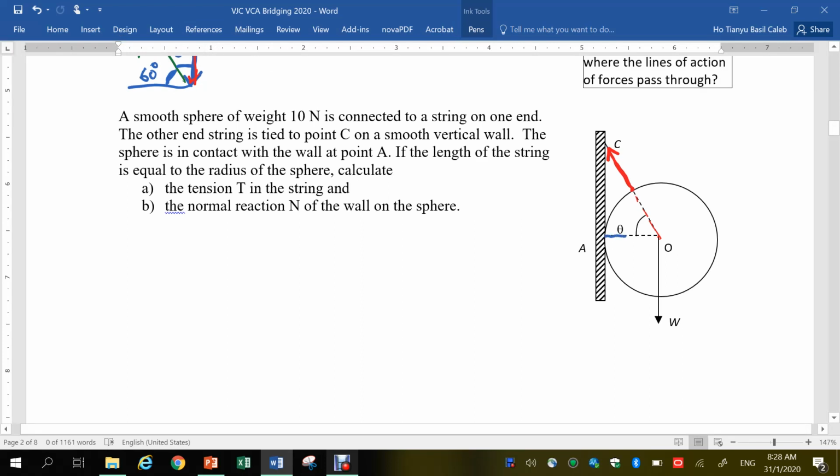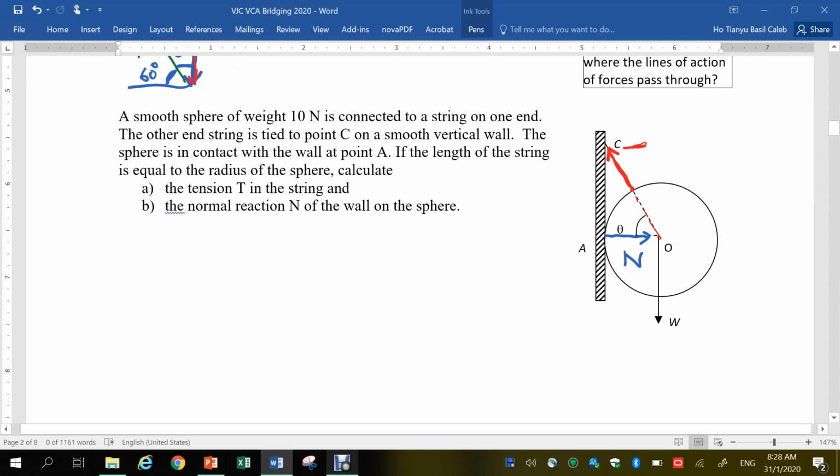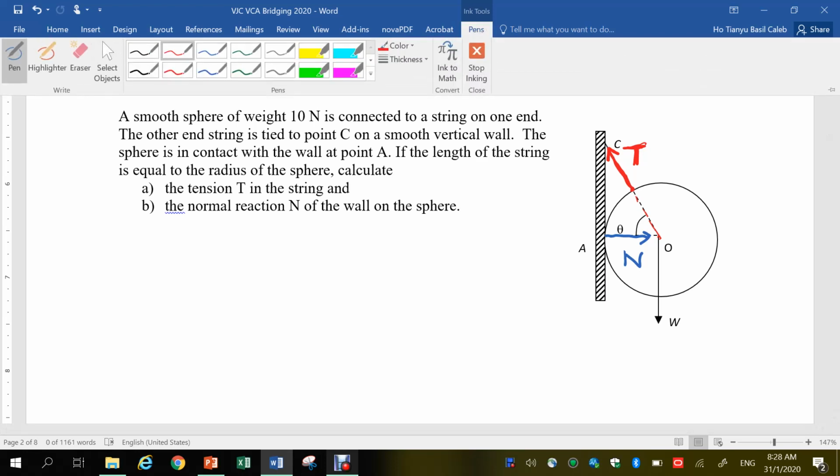So it points out this way. We can call this value N. The red one is called tension T. The blue one is normal reaction force N. Do these three forces pass through a common point? Answer is yes. So let's rearrange the forces now and see what we get.